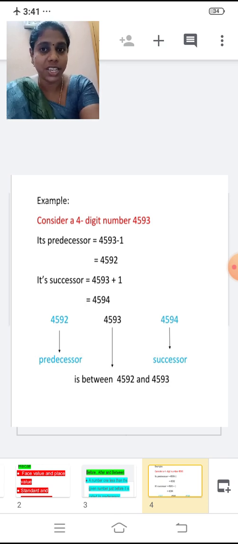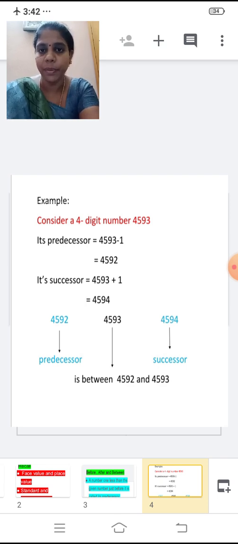Shall we see the successor now? What do you mean by successor? One more than the given number. So you have to add one to the given number. What is the given number now? 4593. So we have to add 1 to this number to get the successor.